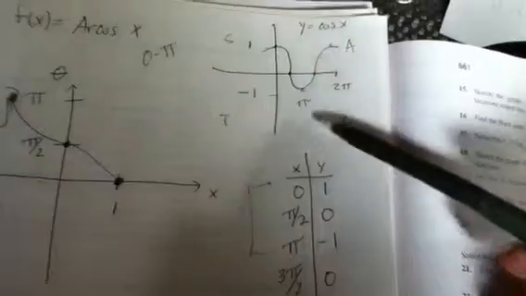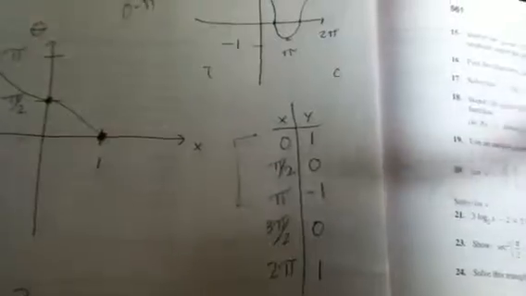This point right here is (0, 1), and this is pi over 2, 0. That's pi, negative 1. Get the idea? I got the points. This is the original function.